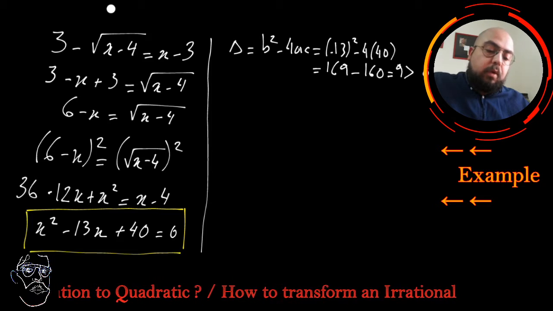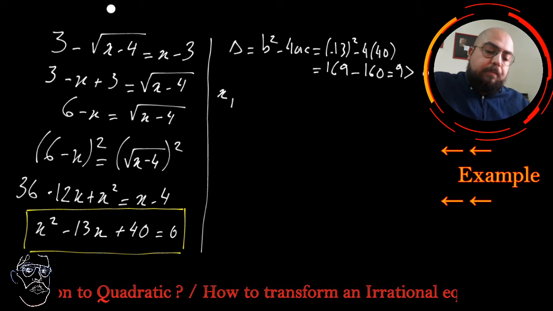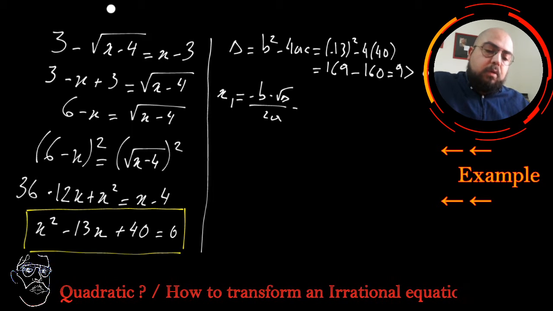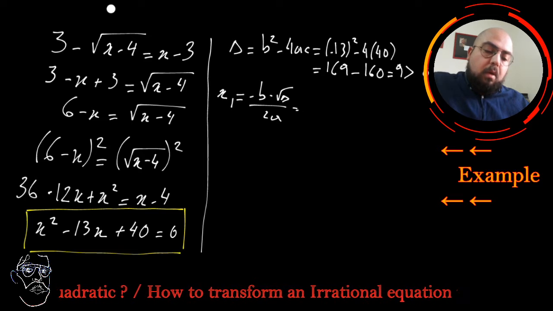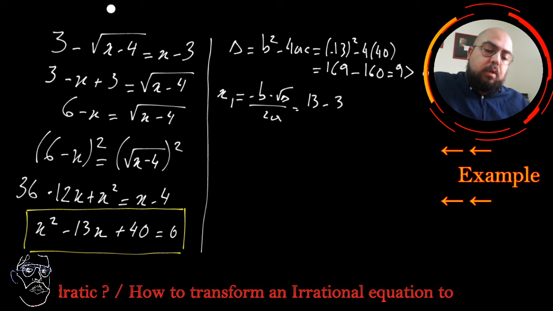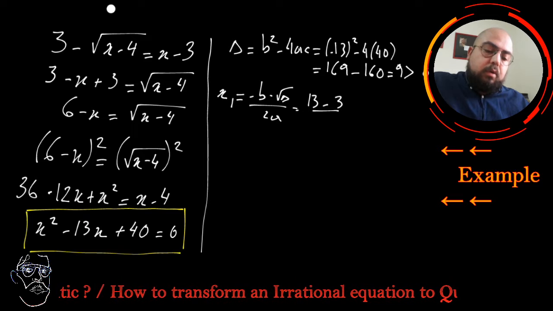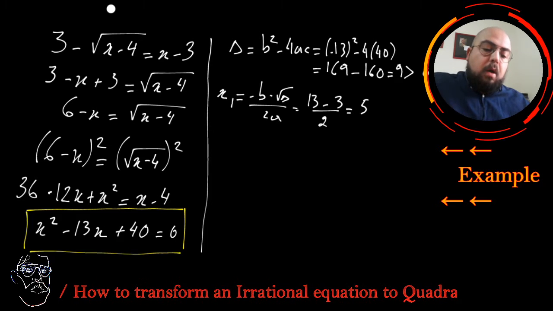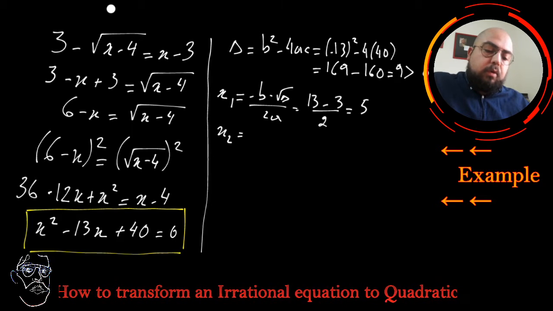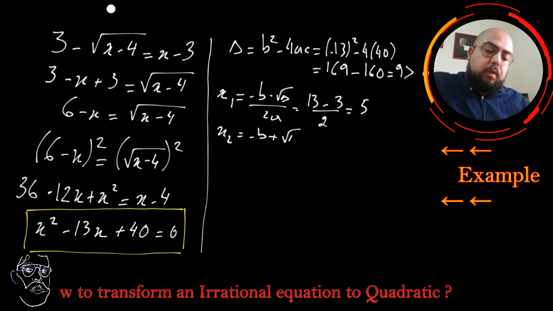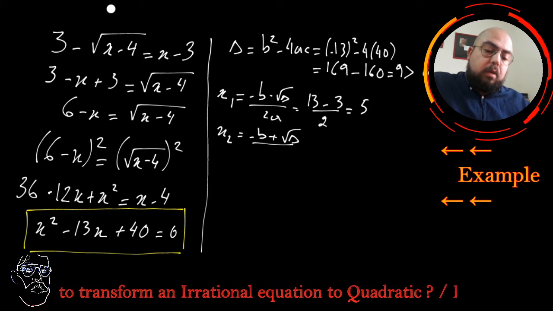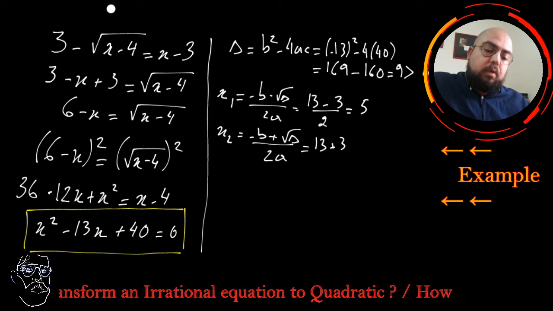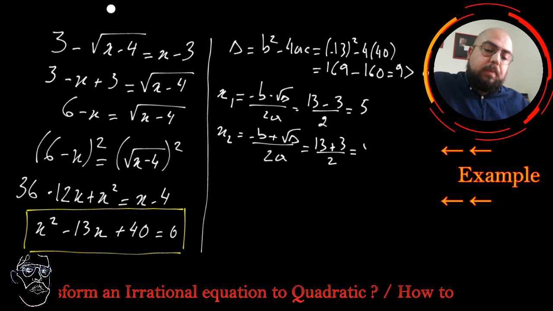I have two distinct real roots, x1 equals minus b minus square root of delta over 2a, so it's equal to 13 minus 3 over 2, so it will be 10 over 2, 5, and x2 is equal to minus b plus square root of delta over 2a, which is equal to 13 plus 3 over 2, so it's 16 over 2, it's 8.